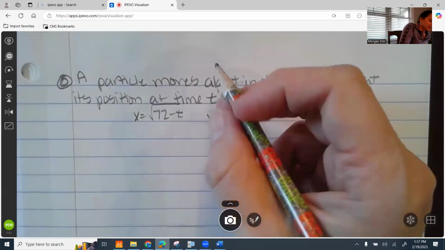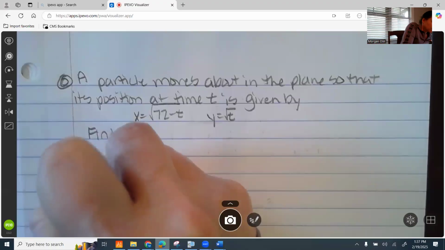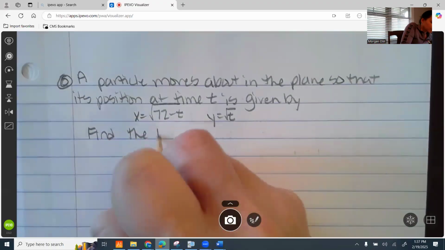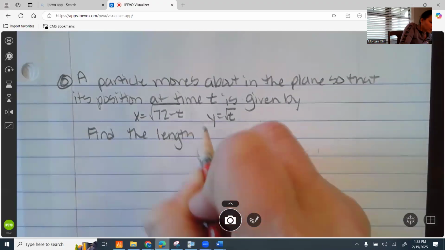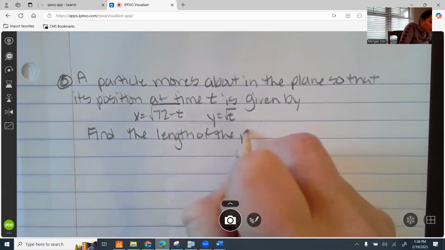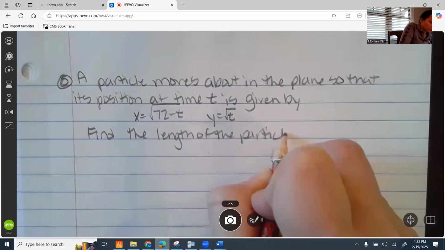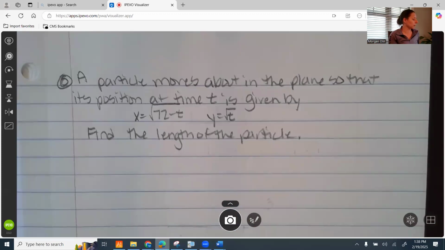Find the length of the particle's path. All right, so this is the problem that we're looking at.